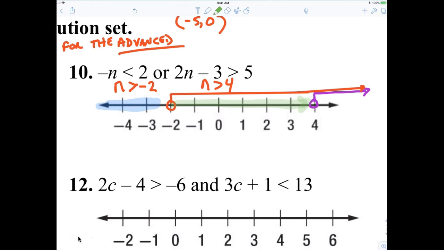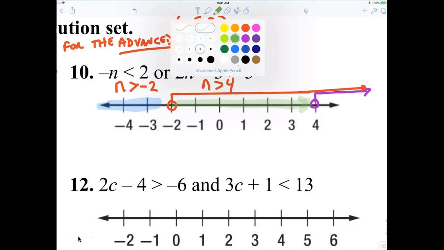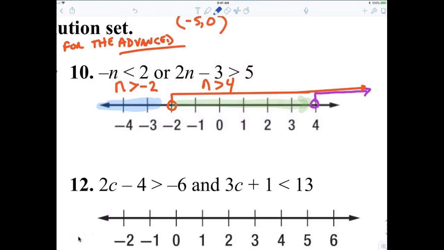Now, I want to change it up, and I want you to look here and hear me out. Are these numbers over here part of the solution? Yes, because those are true for both of them. Hear me out now. Or statements can be true for one or both. So the answer is from -2 to infinity.